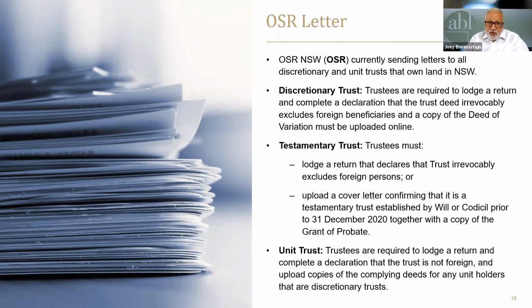And in relation to a unit trust, trustees are required to lodge a return and a declaration that the trust is not foreign, which is not based on the trust deed itself, but based on the unit holders, and upload copies of all of the relevant unit holder discretionary trust deeds showing that the deeds have been amended or that they are complying trust deeds. So fairly onerous for foreign companies and for unit trusts in particular.